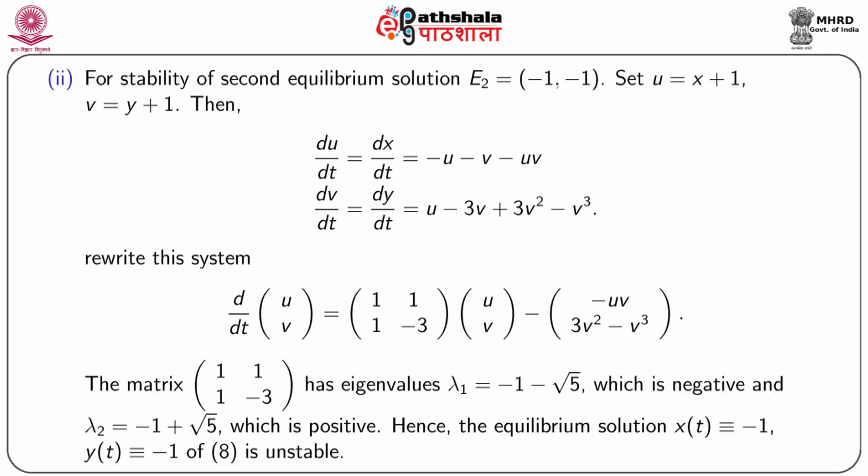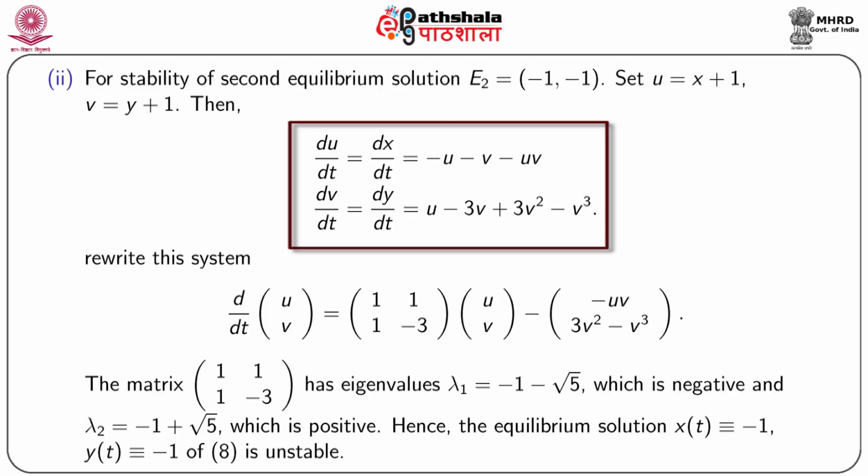For the stability of the second equilibrium point (minus 1, minus 1), we set u equal to x plus 1 and v equal to y plus 1. Then du/dt is equal to dx/dt, which is equal to u plus v minus uv, and dv/dt is equal to dy/dt, which is equal to u minus 3v plus 3v square minus v cube.